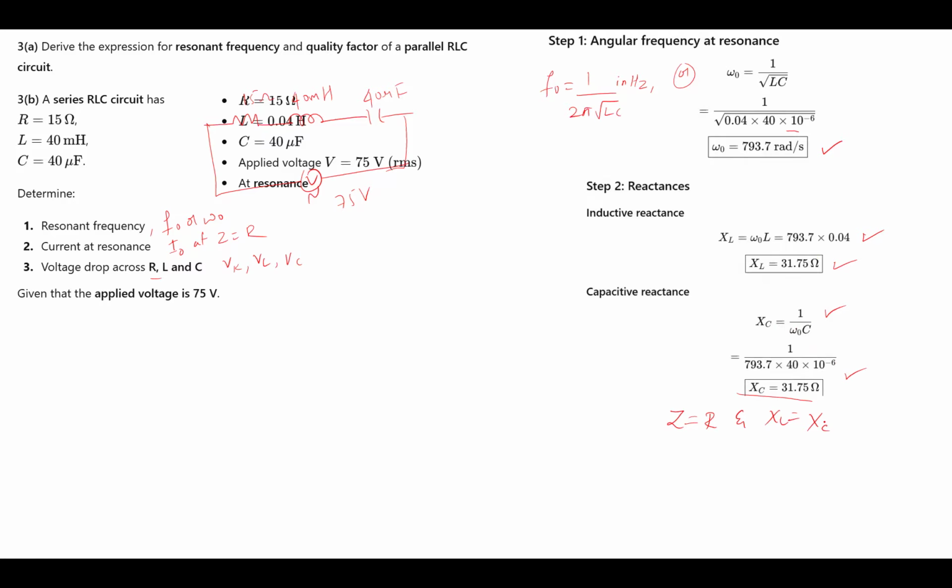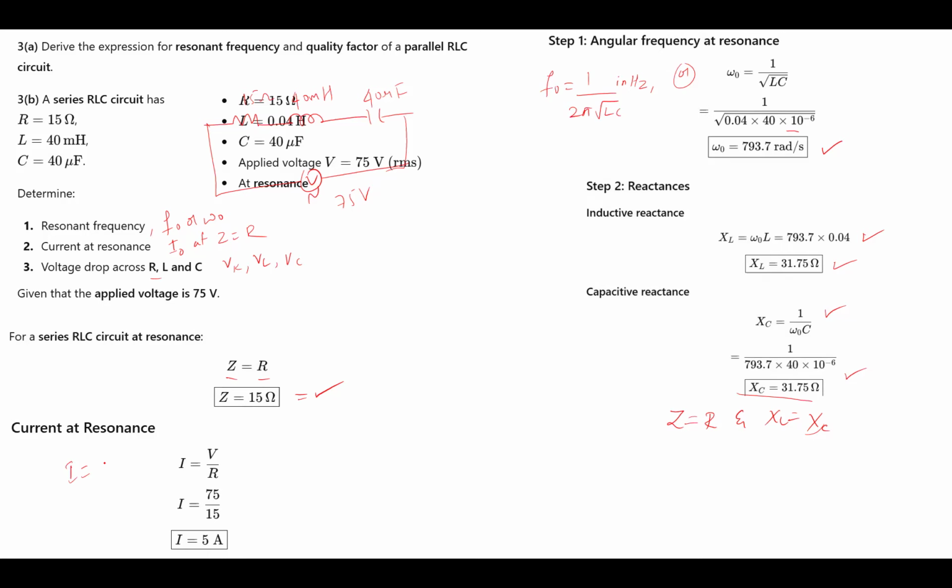So this is your resonant condition. Therefore, for a series RLC circuit at resonance Z equals R, so the impedance is 15 ohm. Why do you want the impedance? To calculate the current, because current is V divided by Z, where Z equals R, so the current at resonance is V divided by R. V is 75 and R is 15, so we get a current of 5 amperes.